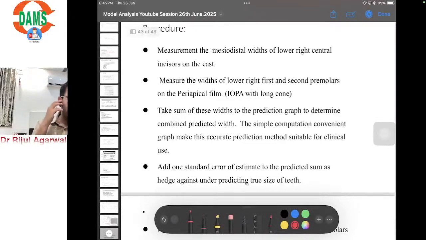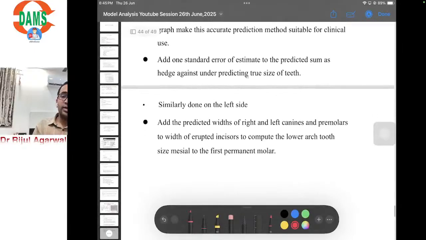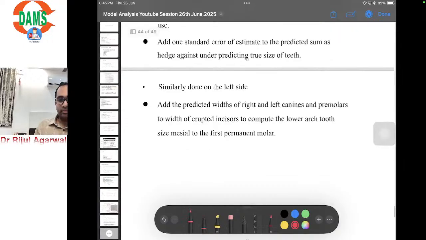Okay, so when this analysis came, computational measurements came up, so standard error measurements and all that were added, not required for exam. What is required is what I explained to you. So it is done separately for left and right side, and the predicted widths are added, or you can measure it separately as well.